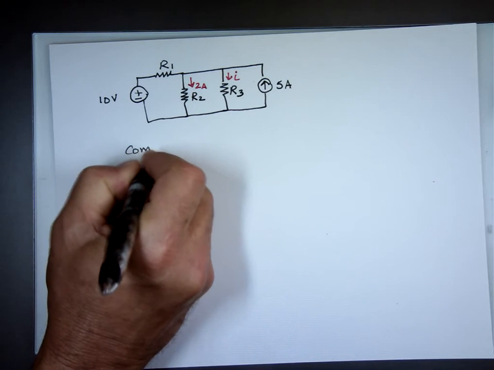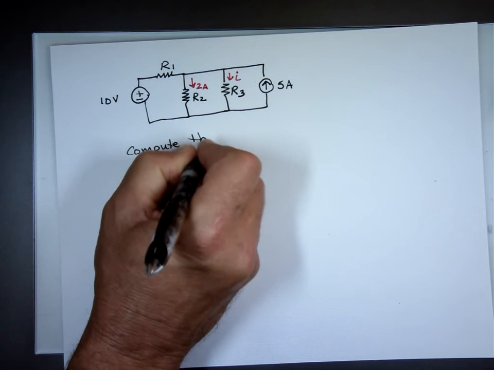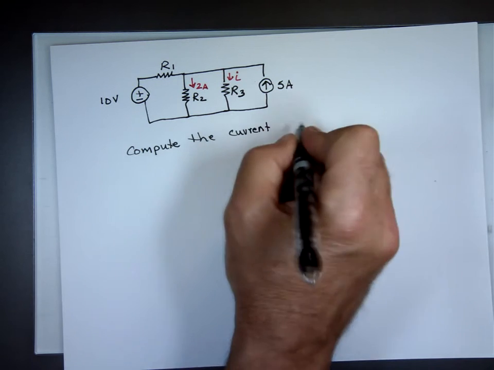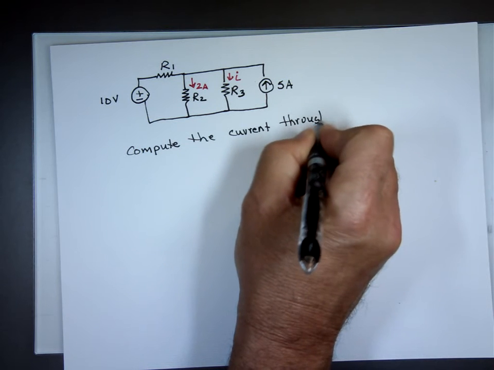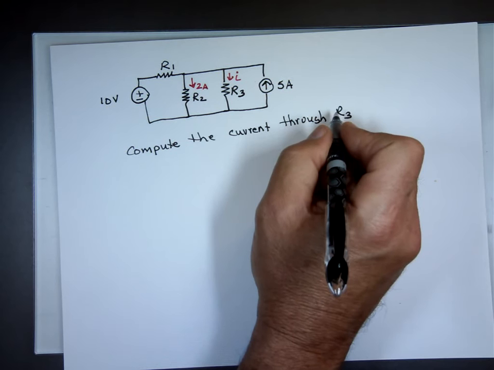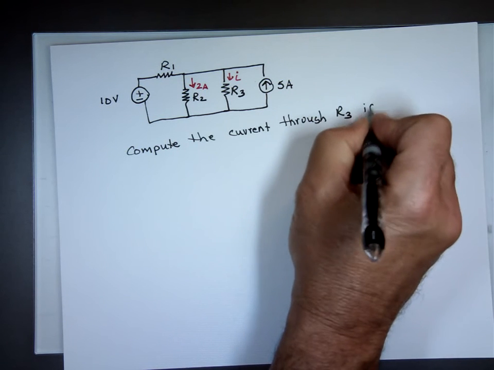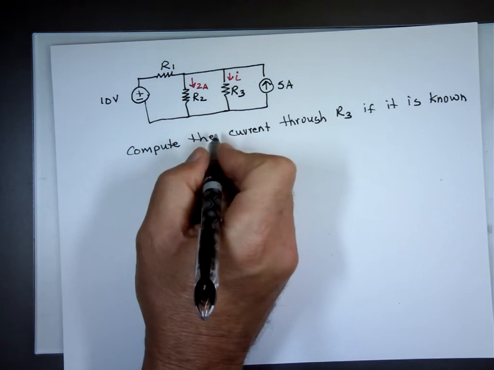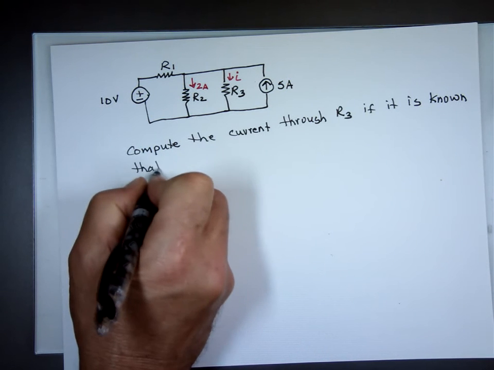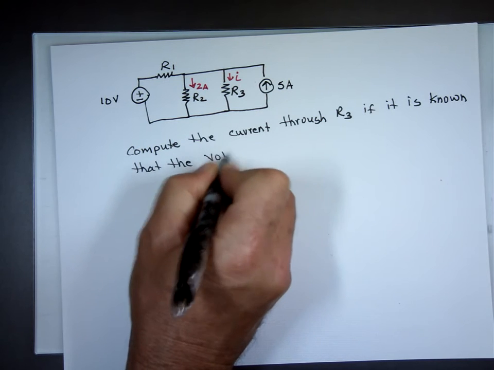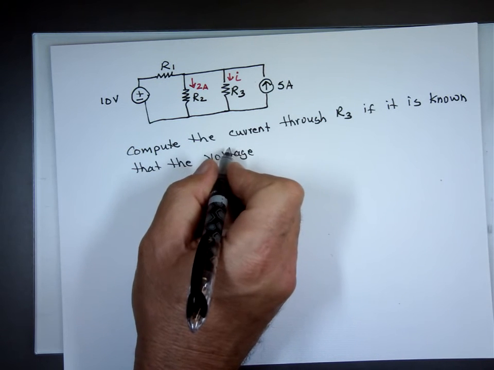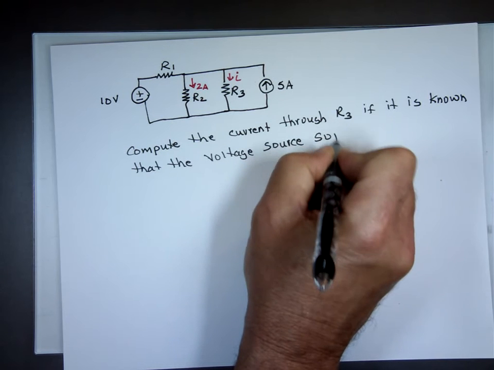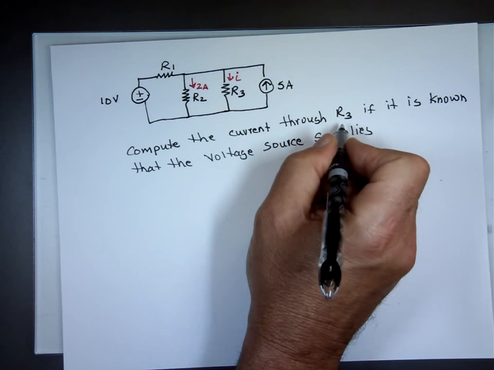Compute the current through resistor 3, R3, if it is known that the voltage source supplies a current of 3 amps.